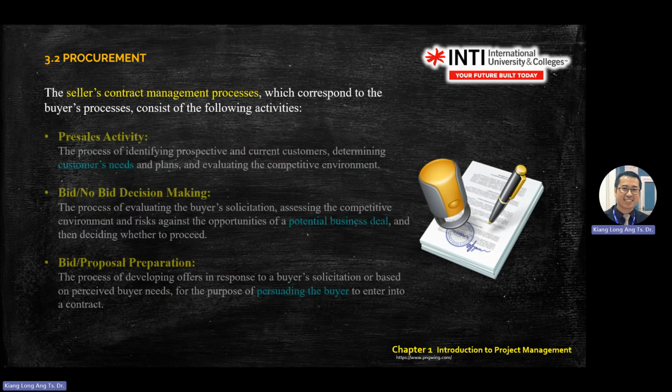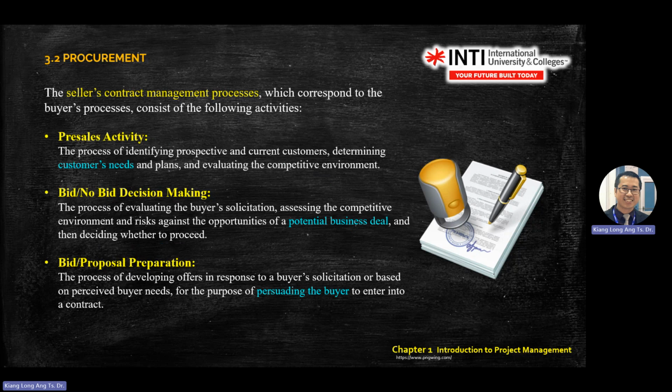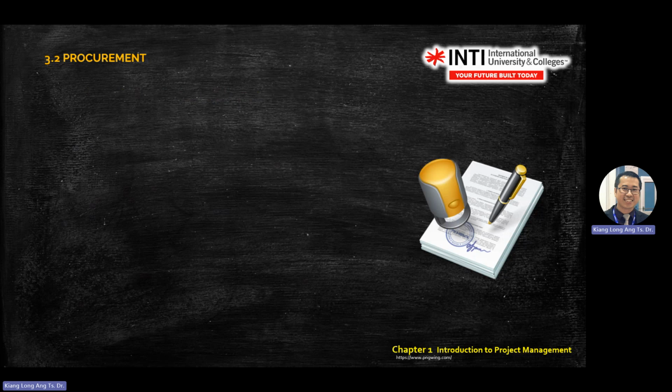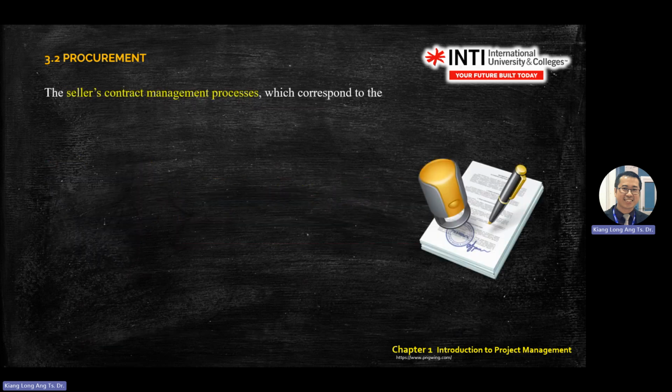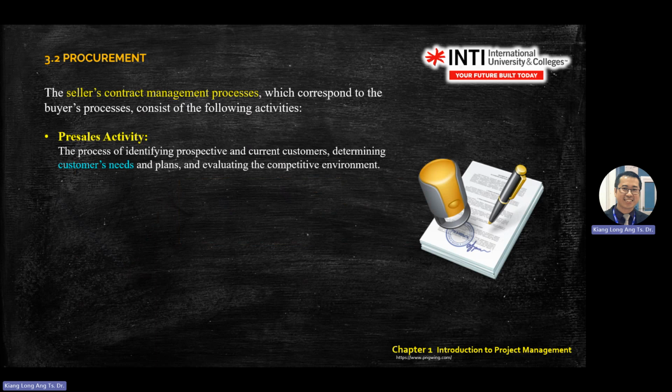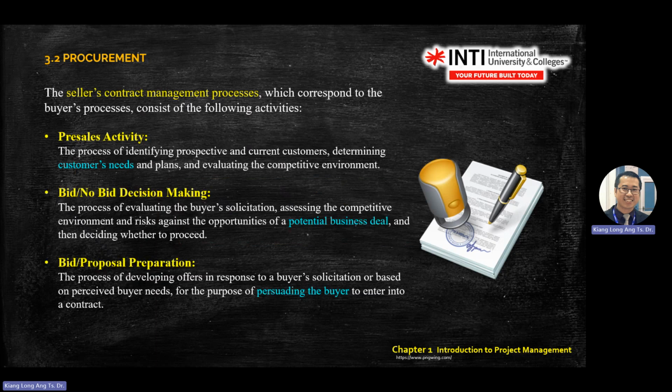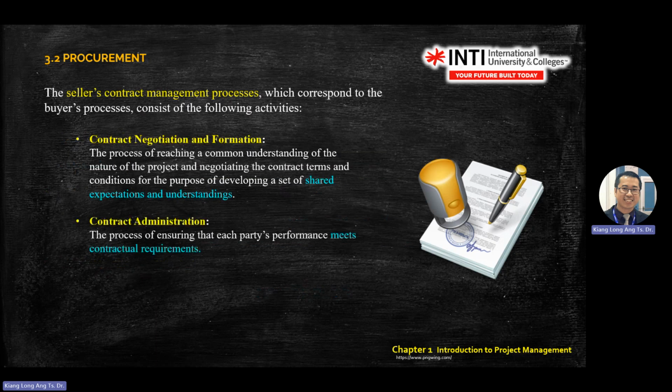These 6 processes are important when the question asks you about the seller contract management process. Again, this slide is about the seller contract management process. Just now we mentioned 2 characters here: one is buyer, one is seller. This slide is from the perspective of the seller. Go and read.